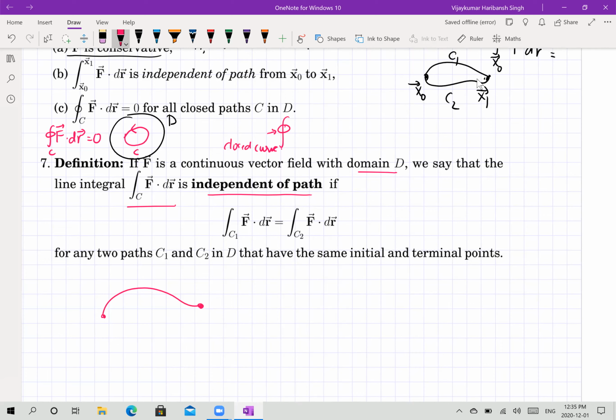So this means that these two line integrals are the same for any two paths. Let this be C1 and let this be C2. Then these two line integrals will have the same value. So again, they depend on the initial point and the end point. This is what we mean by a line integral being independent of the path.